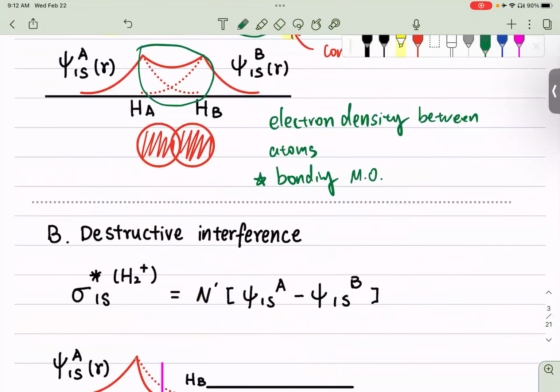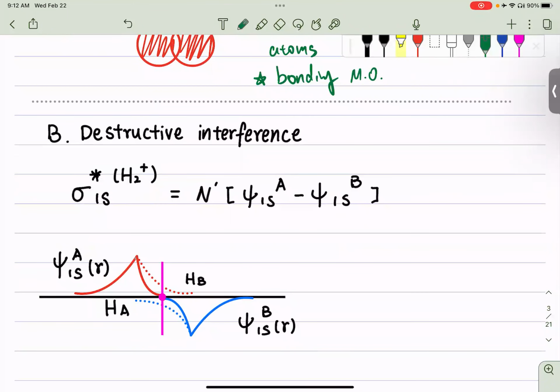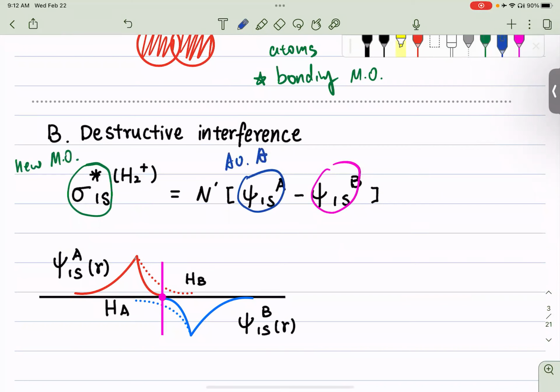Alternatively, one could also imagine a destructive interference. So the idea here is almost identical, right? So here we have our new molecular orbital coming from the linear combination of your two atomic orbitals, so atomic orbital A and atomic orbital B. And the difference here is this negative sign.